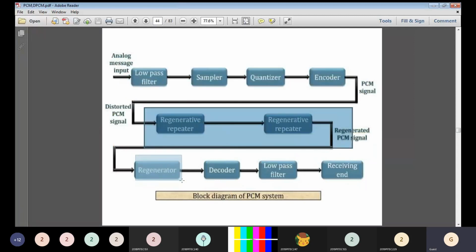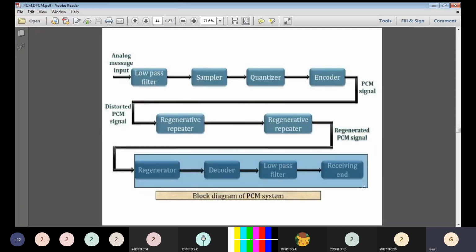Then the receiver includes regenerator, decoder, low pass filter, receiving end. The transmitter does some pre-processing steps and conveys that information to the regenerative repeater, or simply the transmission path.